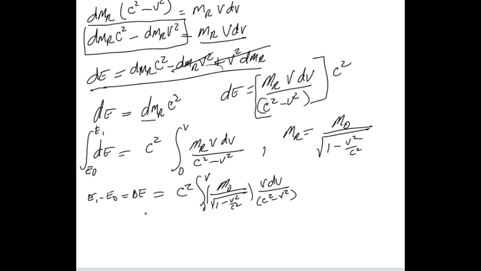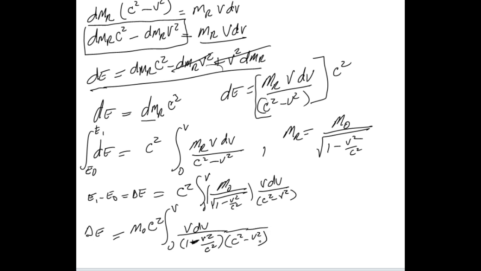Okay, I can pull m naught out of there because that rest mass is constant. So I call that delta E is equal to rest mass times speed of light squared times the integral from 0 to v of v dv divided by the square root of 1 minus v squared over c squared, and that's times c squared minus v squared.